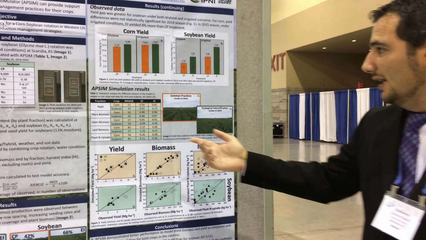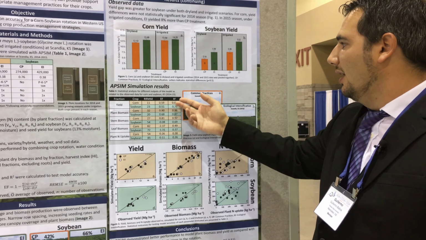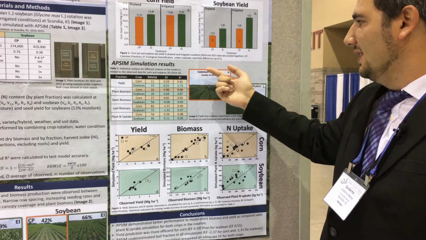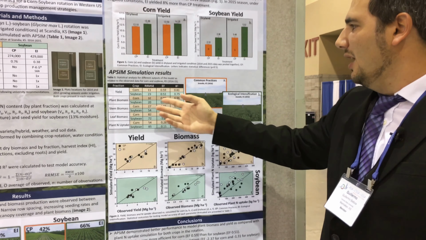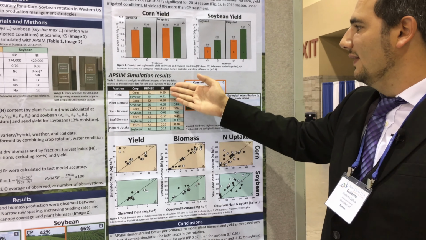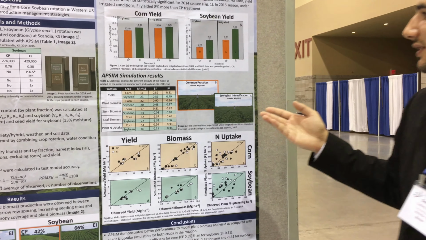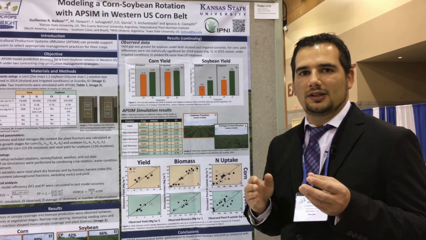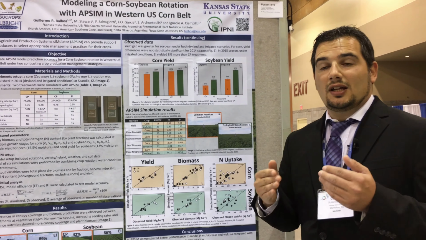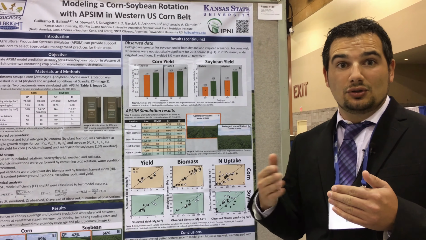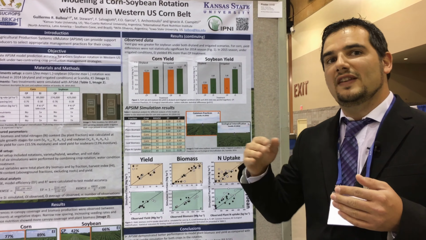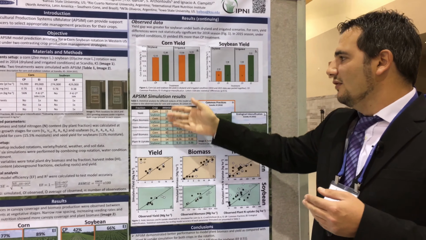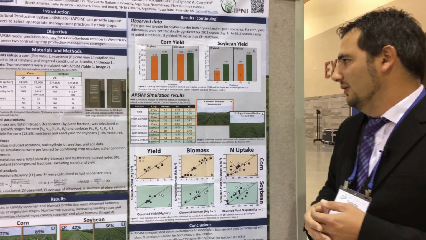We are seeing that for yield and biomass, we have a really good R-squared: 0.81, 0.79, 0.87, and for plant biomass also the R-squared is good, and the efficiency of the model is about 0.6 on average. We need to think that the efficiency is a number that can be negative or positive. If it is positive, it means that it's good, and if it is close to 1, it is the best. We have values here: 0.59, 0.9, 0.51, 0.7 for yield and plant biomass for corn, soybean, and the rotation.